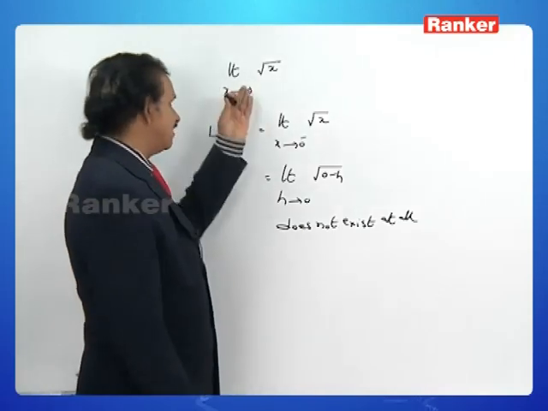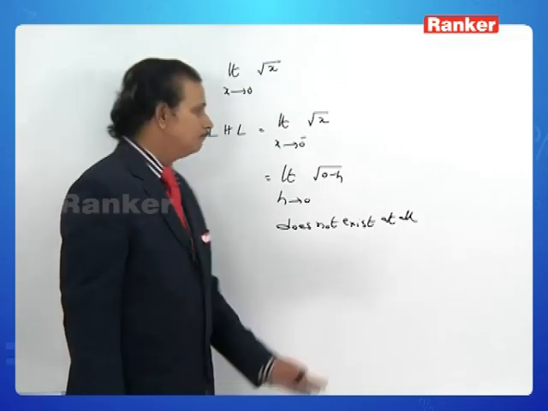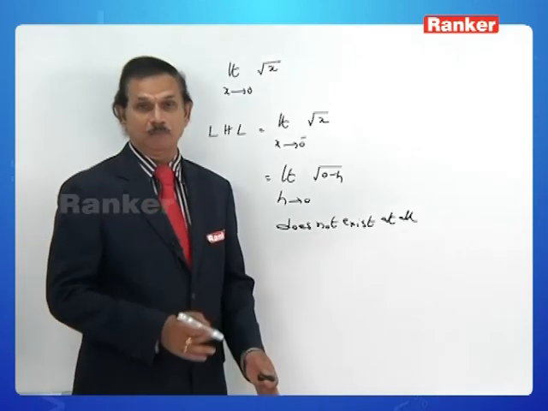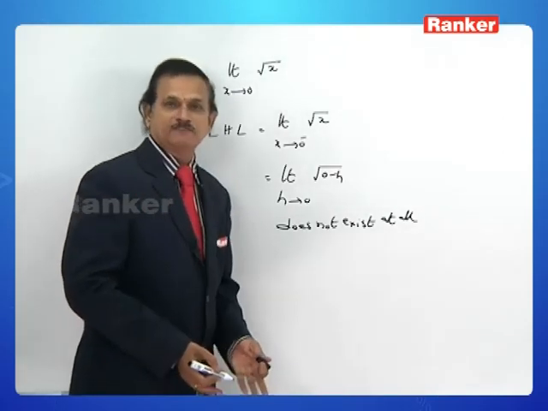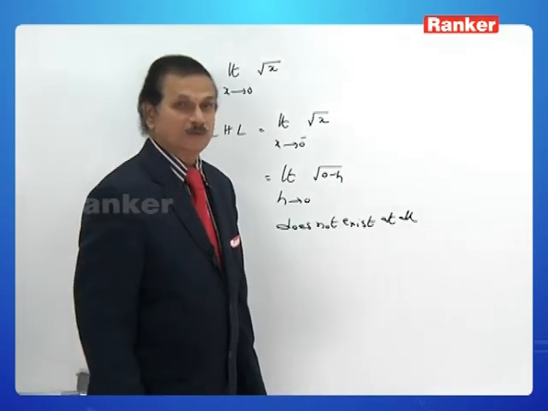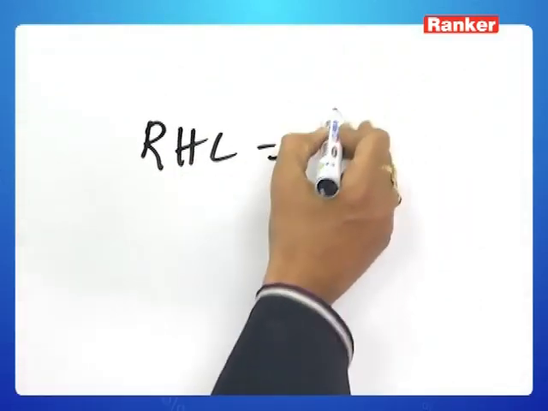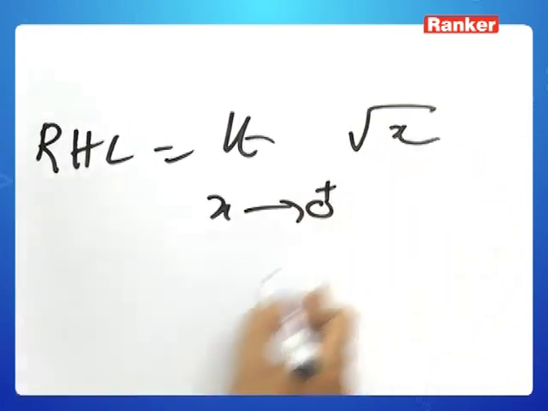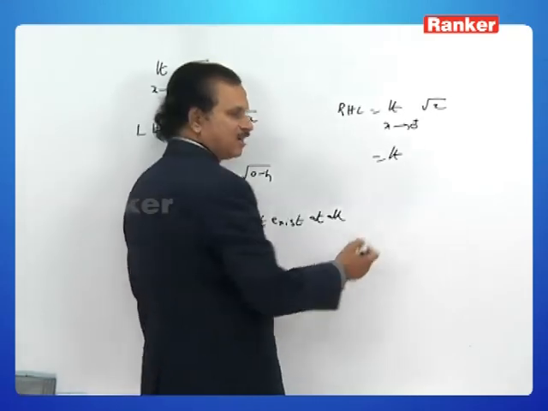Therefore, there is no question of speaking of the limit as x tends to 0 of root x. It does not exist. Why? Because both the left hand limit and right hand limit should exist and they should become equal. But here, the left hand limit itself does not exist. Therefore, we say that the limit as x tends to 0 of root x does not exist. Whereas, the right hand limit, limit as x tends to 0 from right of root x, let us use the h concept.